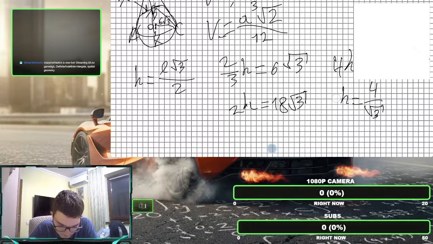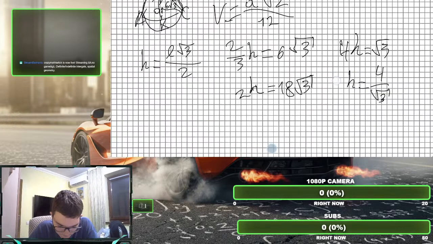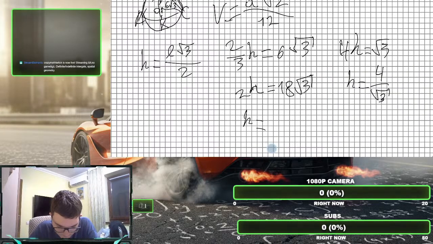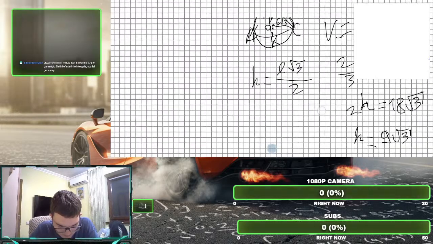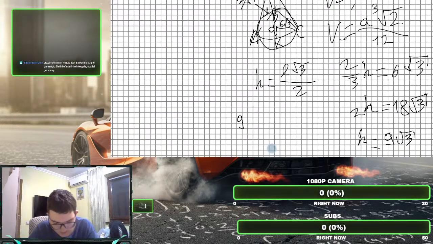Now, height is 9 square root of 3. Right? And as height is that, I can equal it with that formula. 9 square root of 3 equals with that.